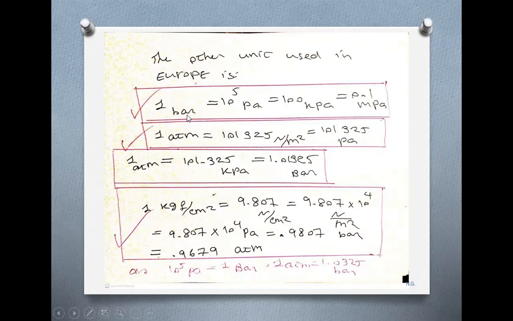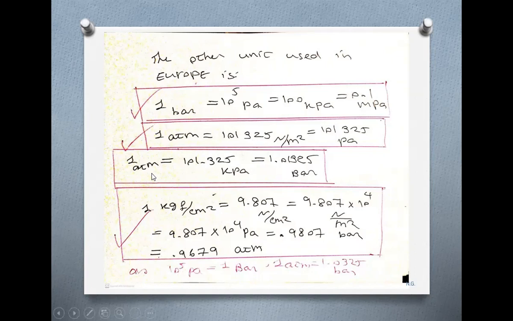That is 101,325 Pascal or Newton per meter square, because Pascal is Newton per meter square, right? So that's atmosphere and bar.